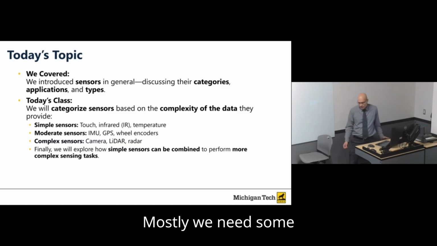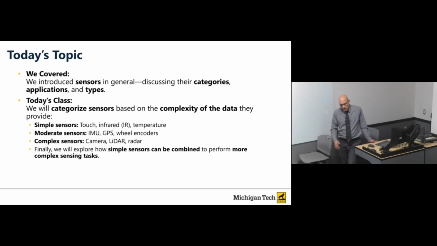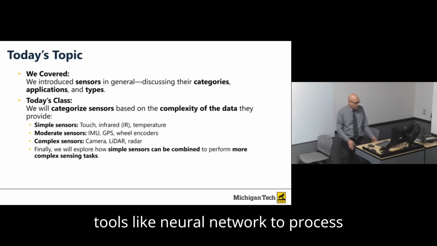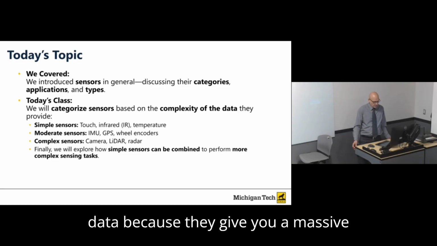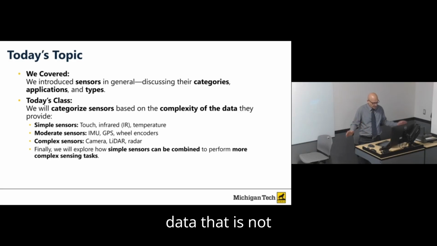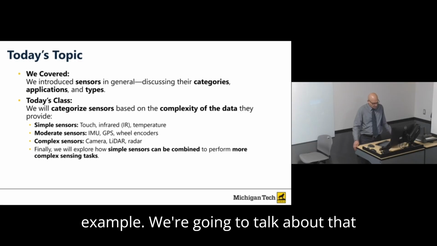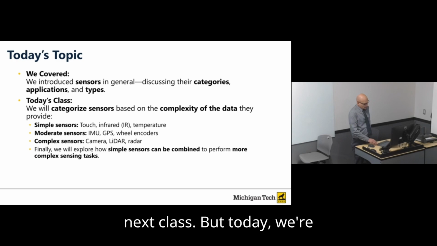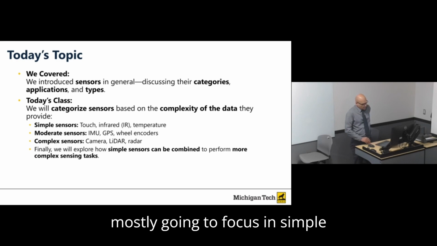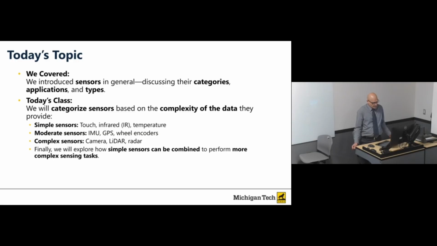Mostly we need some tools like neural network to process data because they give you massive data that is not easy to process. We're going to talk about that next class, but today we're mostly going to focus on simple and moderate sensors.